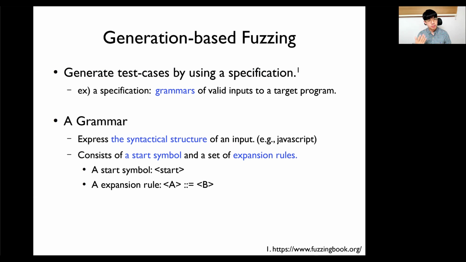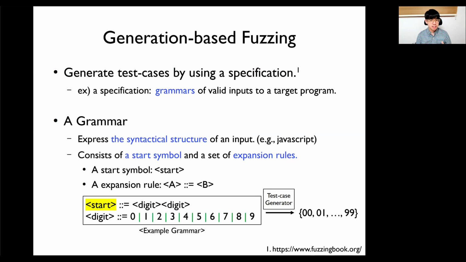And these grammars usually consist of a start symbol and a set of expansion rules. More specifically, an expansion rule denotes that the symbol A on the left side can be replaced by the string B on the right side.